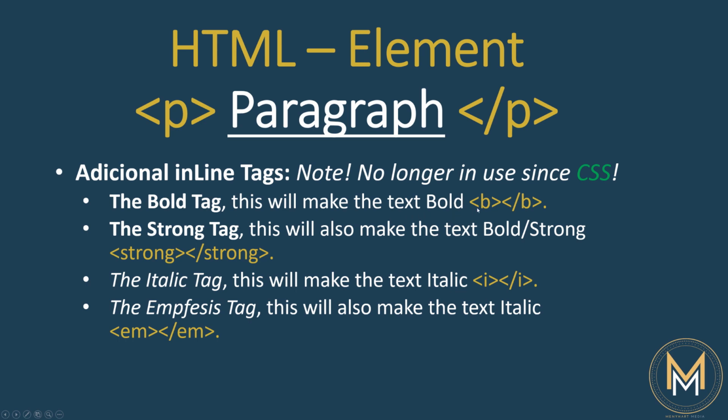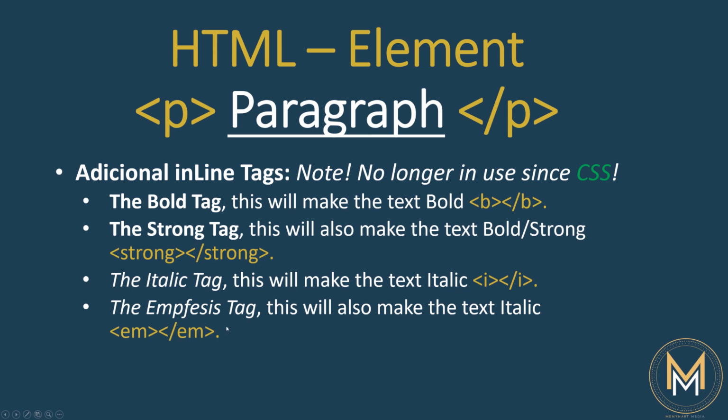We would use the bold tag. It has an opening and closing tag, or the strong tag, which also has opening and closing tags. Now if we want to make our text italic, then we would use the I tag or the emphasize tag.